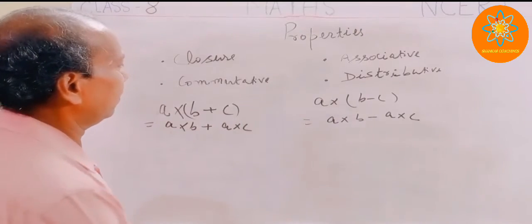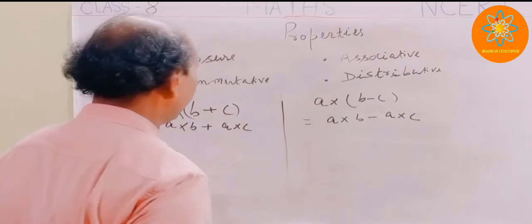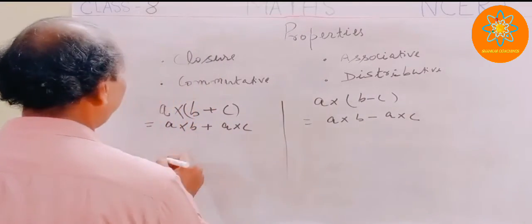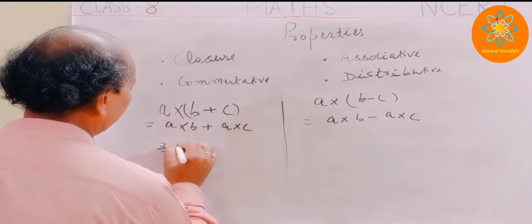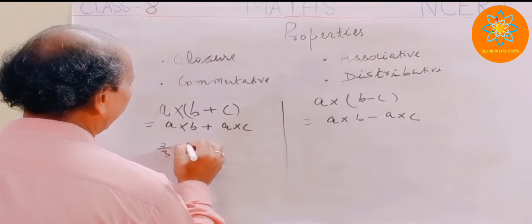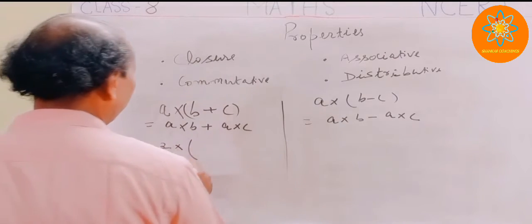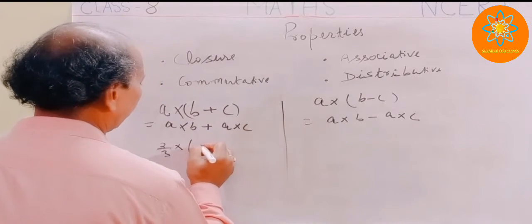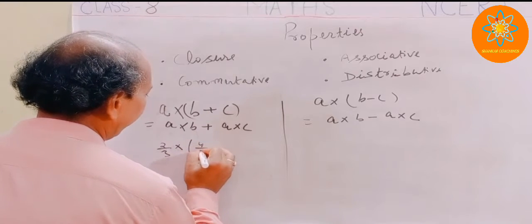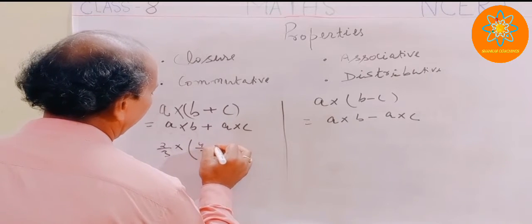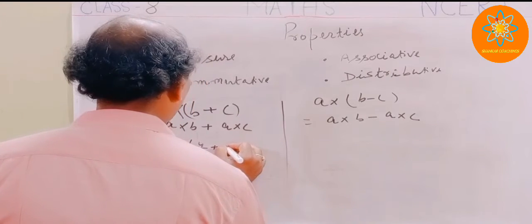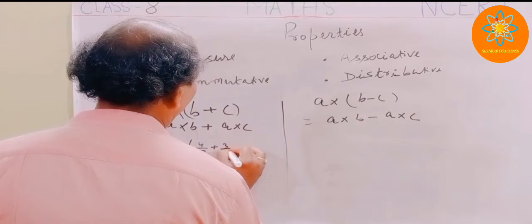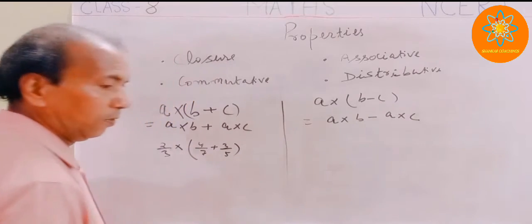I am taking a simple example. Let's suppose I have A as 2/3, and let's suppose B is 4/7 and C is 3/5, with addition.